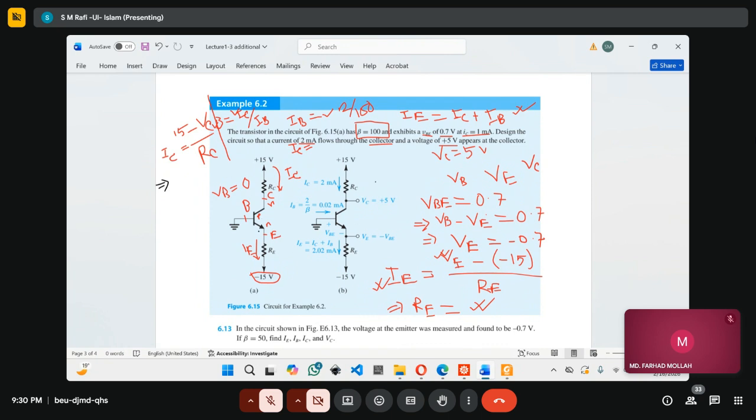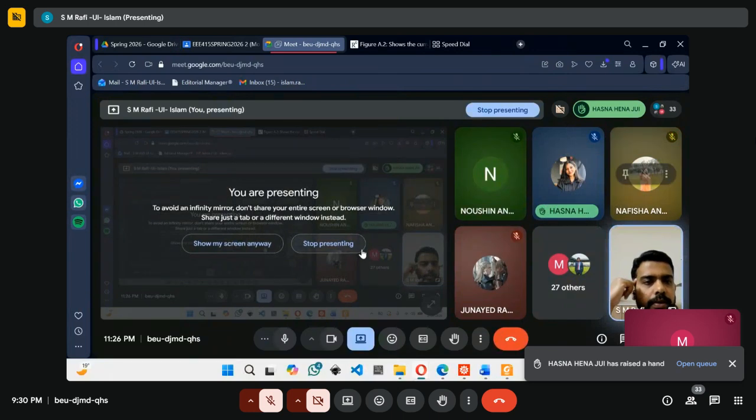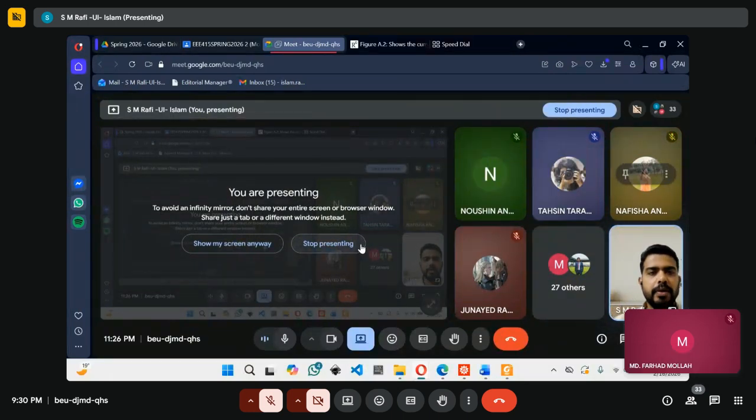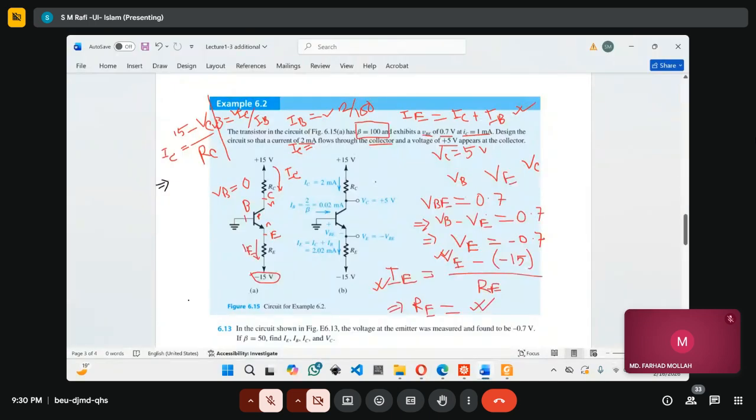So as I mentioned, this IC is the current passing through this resistance. Whatever question you have, you can ask. Sure. Okay. Should I put my ID here for the attendance?